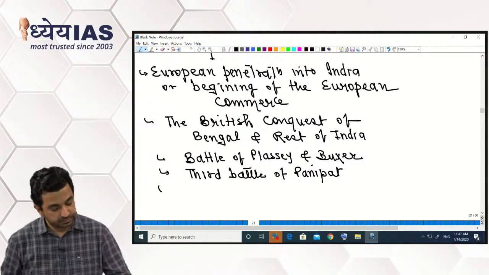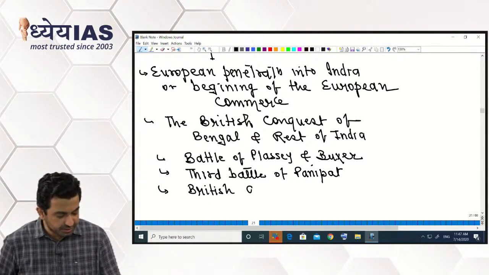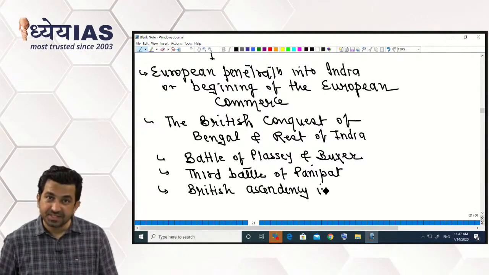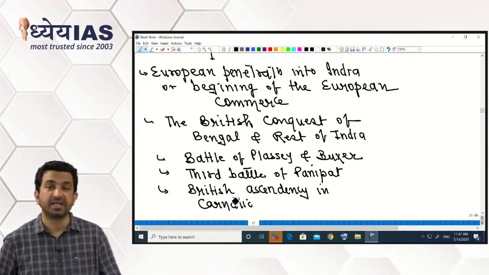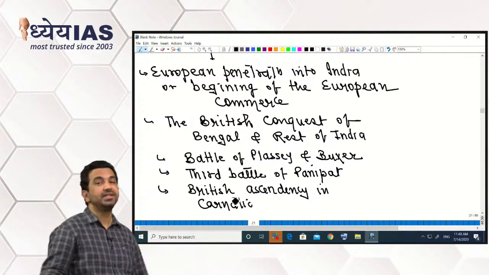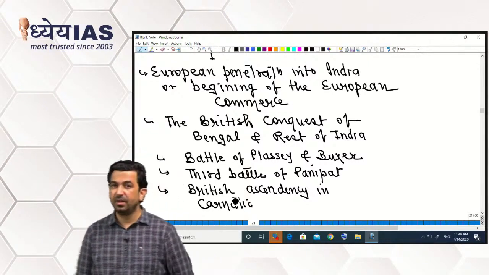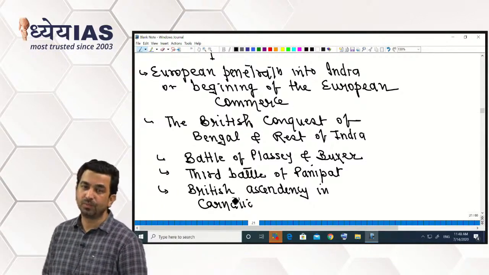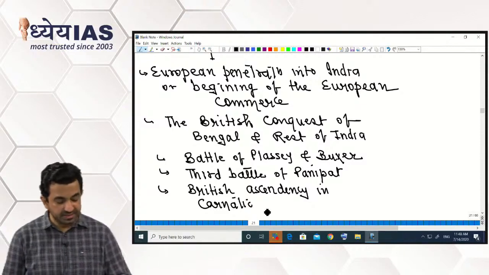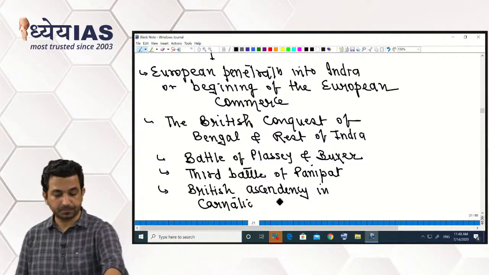And then the British ascendancy in Carnatic, in Tamil Nadu. Carnatic here does not mean Karnataka state; in British India, Carnatic means Tamil Nadu. So, British ascendancy in Carnatic and the Carnatic Wars.